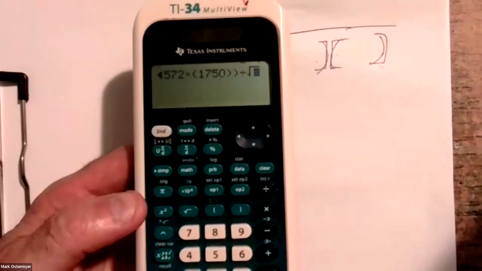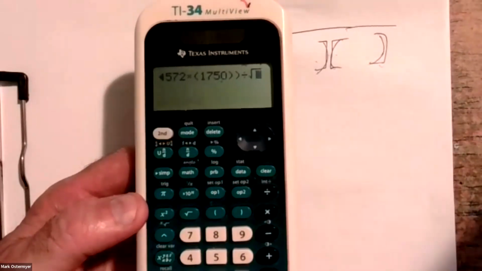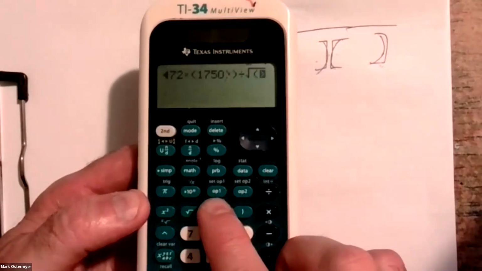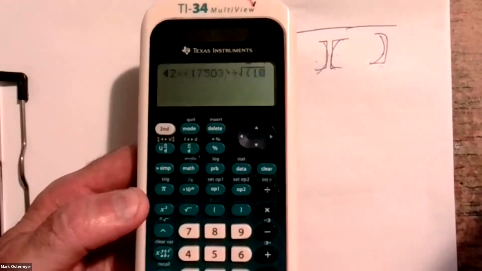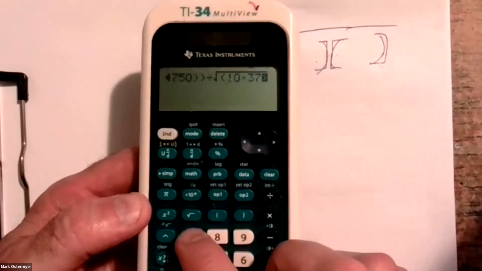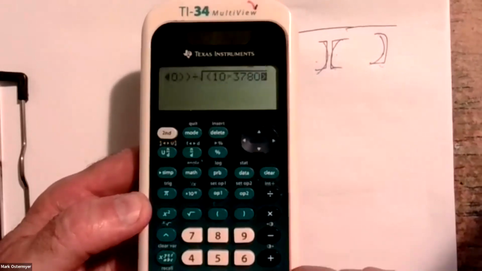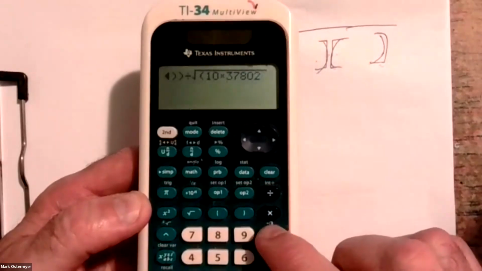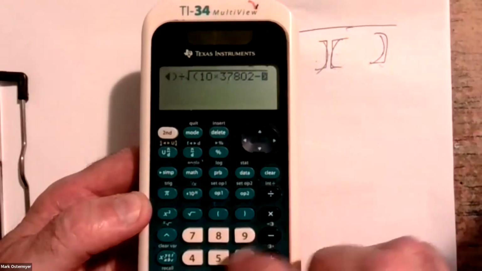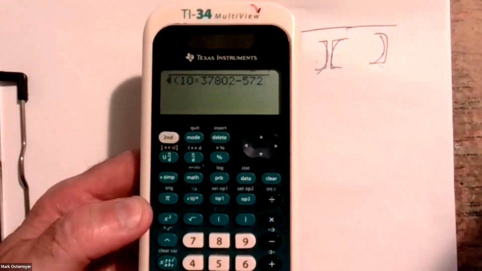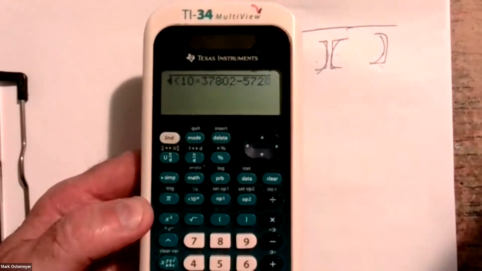All right, so I'm underneath my square root, and now I'm going to type in what I see. Open parenthesis. Now I type in 10 times 37,802. You could have enclosed the 37,802 inside parentheses, but it's not necessary. Subtract 572 squared. And how do we square something on the calculator?